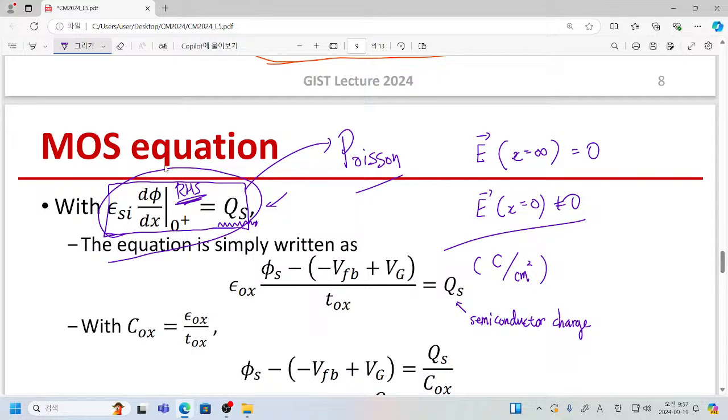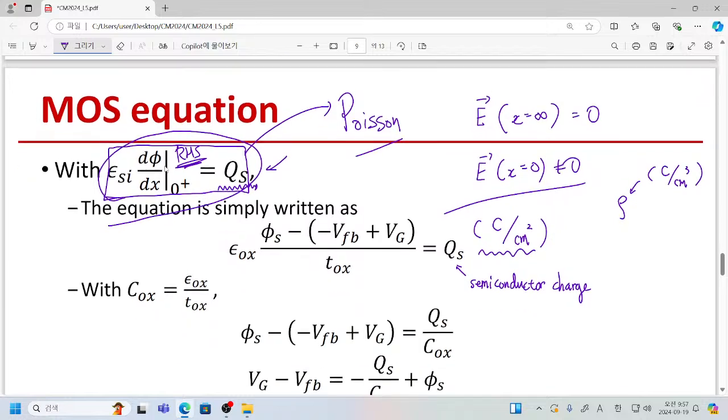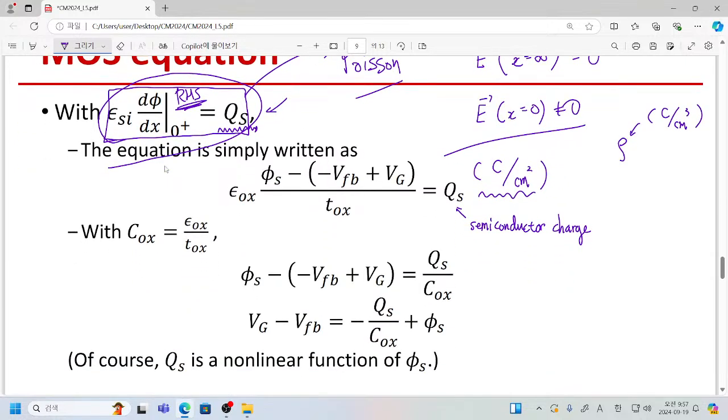Usually our net charge density has the unit of Coulomb per cubic centimeter. However, when it is integrated along the x direction, we will have quantities like Coulomb per square centimeter. And now you have a very well known expression like this.